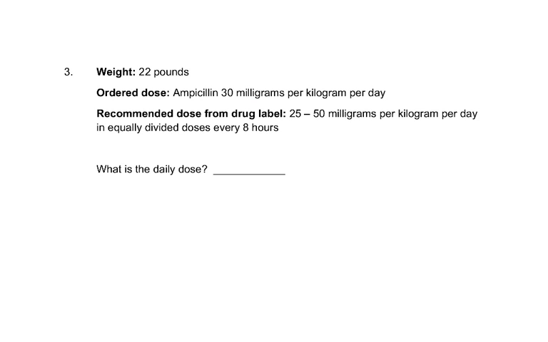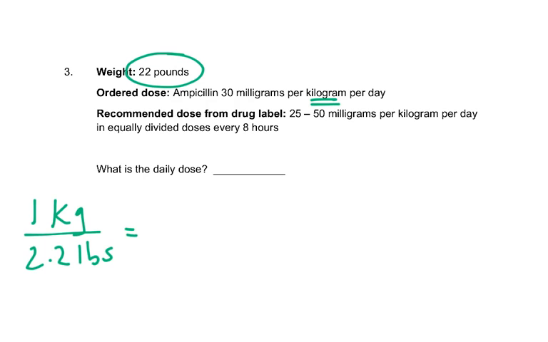So what's the daily dose? So we need to figure, first of all, this says per kilogram, so we need to change the 22 pounds to kilograms. So remember that 1 kilogram is 2.2 pounds. We have 22 pounds, but we don't know the kilograms.